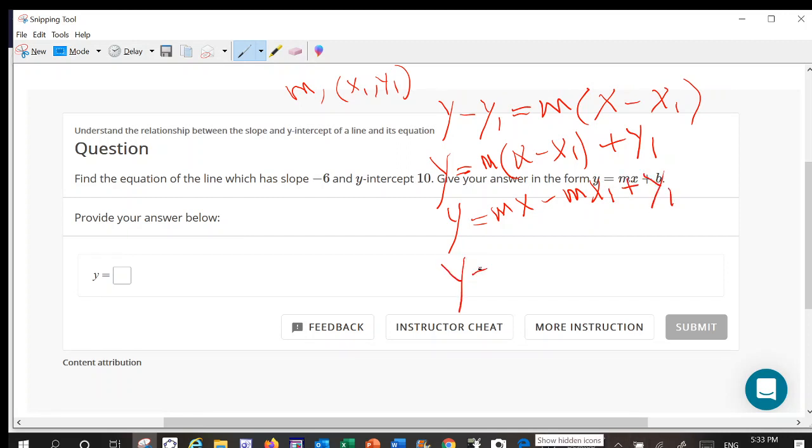This would be y equals mx, and then I can separate all this and just write it as plus b, whatever that is, I let it be b, right?